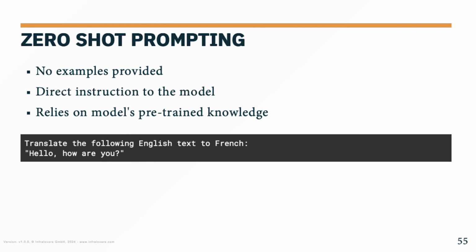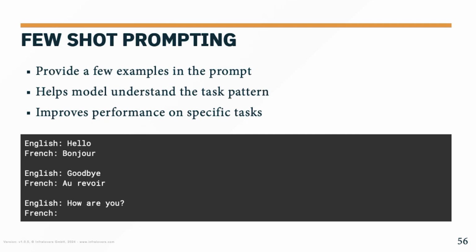However, it might not always be as effective for more complex tasks, which would typically require additional context or examples. This is where few-shot prompting comes in, because few-shot prompting, as the name suggests, is a step up from zero-shot prompting, where a few examples are provided in the prompt to help the model understand the task patterns.